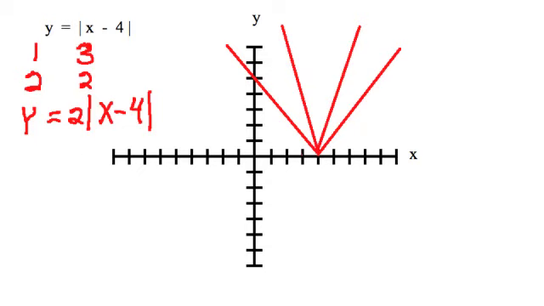And then anything that's outside this shifts it up or down. So this would be if it was, let's say, minus 5. It would just shift this down 5. 1, 2, 3, 4, 5. So it would be like that.